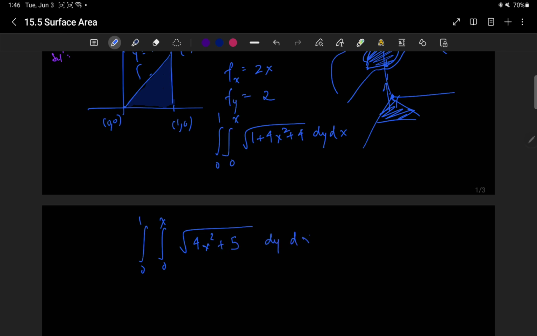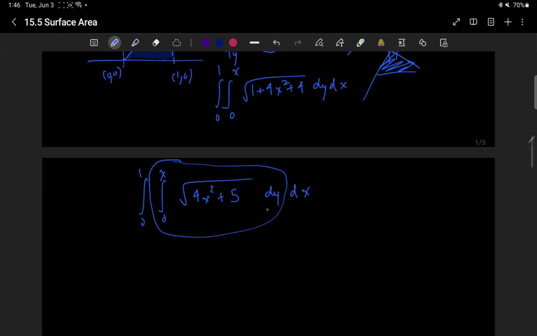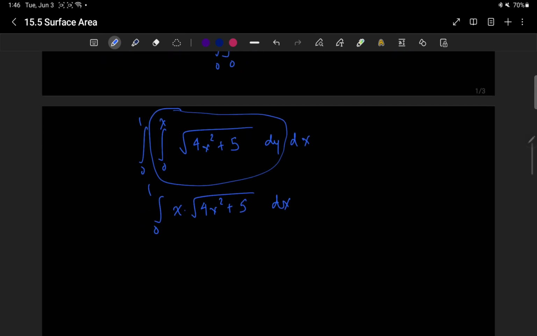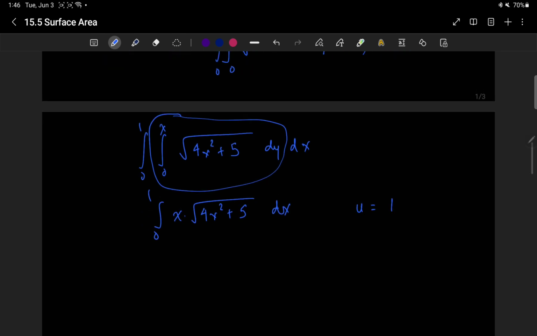dy dx. The first integral, so again here it's important to have the order dy dx so that when we integrate I will have an x times the square root of 4x squared plus 5 dx, which is perfectly set up for me to use u substitution. If I go u is 4x squared plus 5, du is 8x dx. x dx becomes 1/8 du, and I get 1/8 square root of u du.